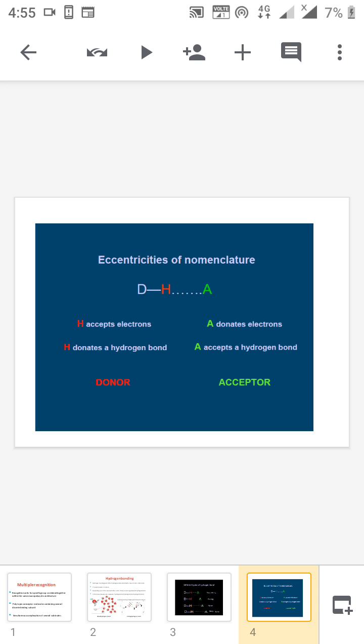In the first case, hydrogen is the hydrogen bond donor and A is the hydrogen bond acceptor. So the two are different. If A is giving a pair of electrons to hydrogen, then A is an electron pair donor, and at the same time A is a hydrogen bond acceptor.